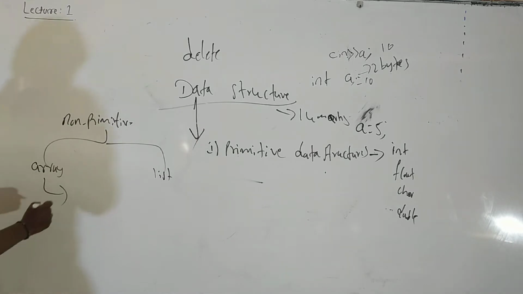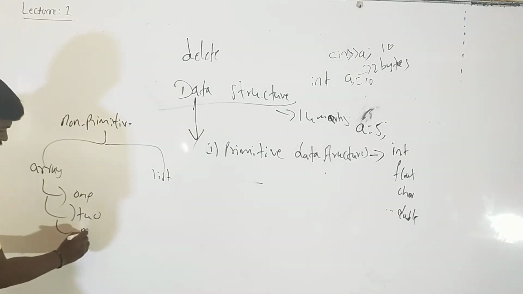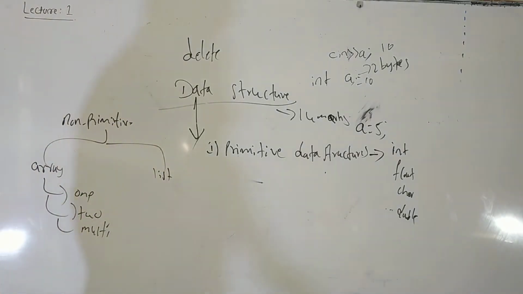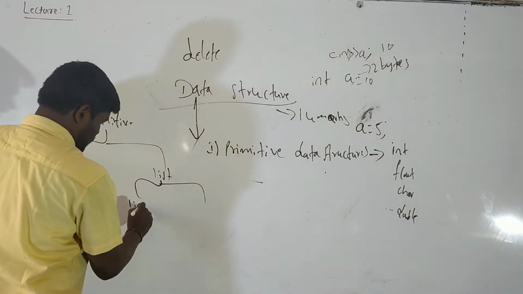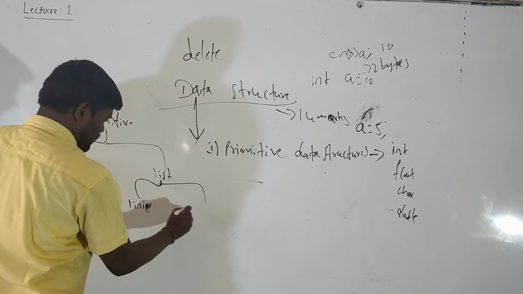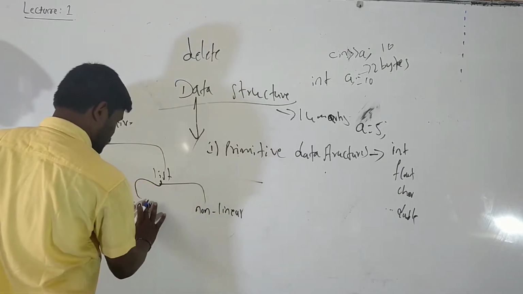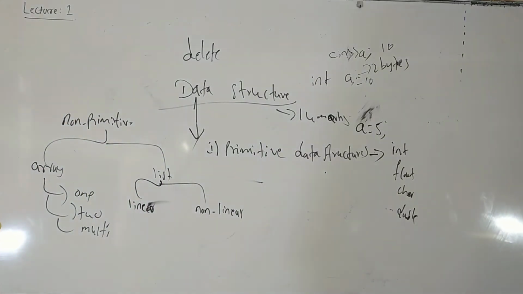Arrays consist of one-dimensional, two-dimensional and multi-dimensional arrays. List consists of again subcategories, linear and non-linear. Linear list and non-linear list.